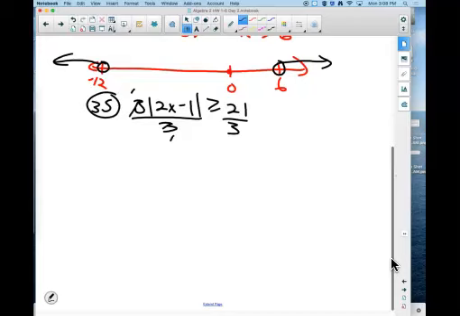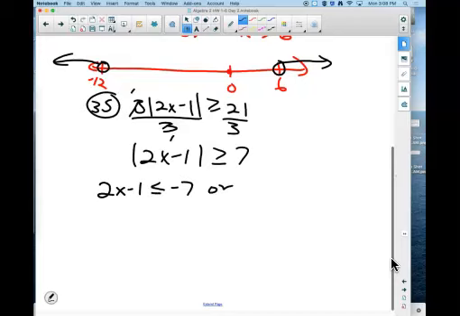This will cancel out. Now we didn't get rid of the absolute value. We still have to deal with that because, again, absolute value, always think of it as having 2 solutions. So this is absolute value with greater than or equal to, and that means we have an OR statement. 2x minus 1 is less than or equal to negative 7, or 2x minus 1 is greater than or equal to positive 7.